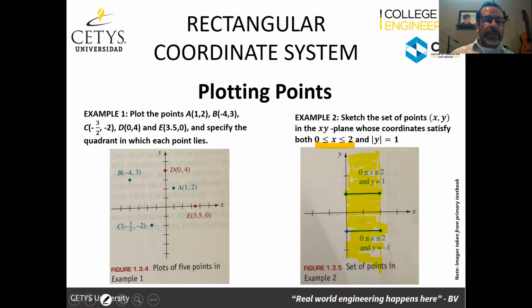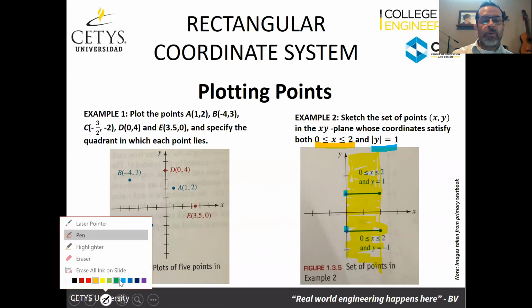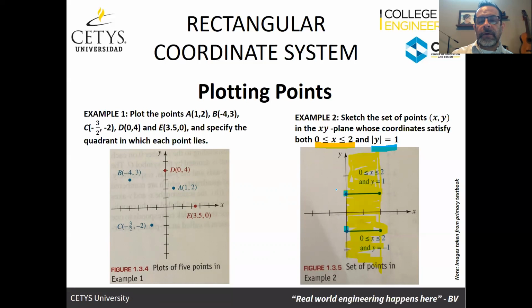But the other restriction that we are given is that the absolute value of y equals 1. For what values does that occur? It occurs here and here, where we have the absolute value of 1, which is 1 and minus 1.